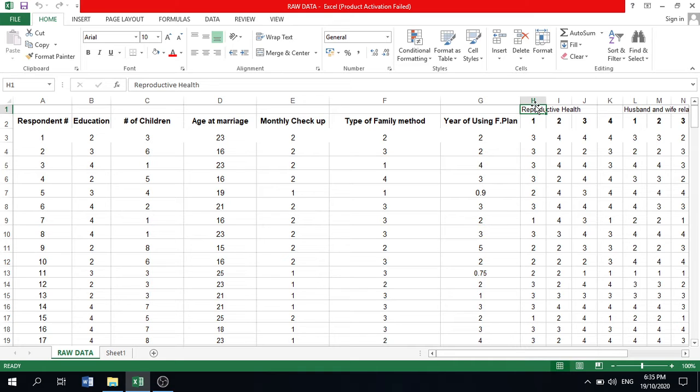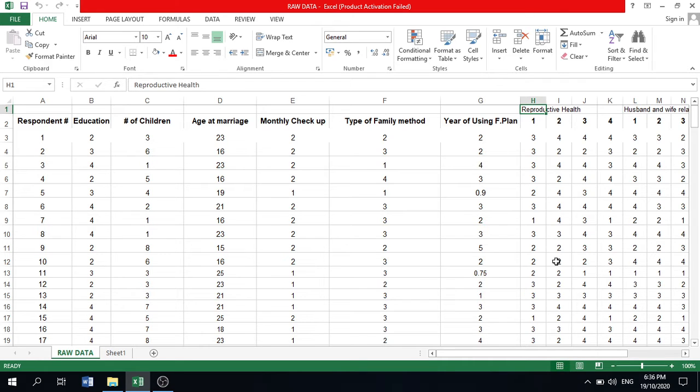Some options can be yes or no, which we code as 0 for no and 1 for yes, because as I've said, progression, meaning yes is better or higher than no, or 1 is no and 2 is yes.